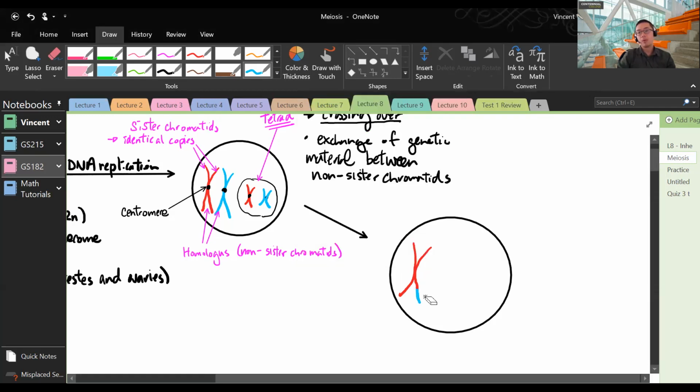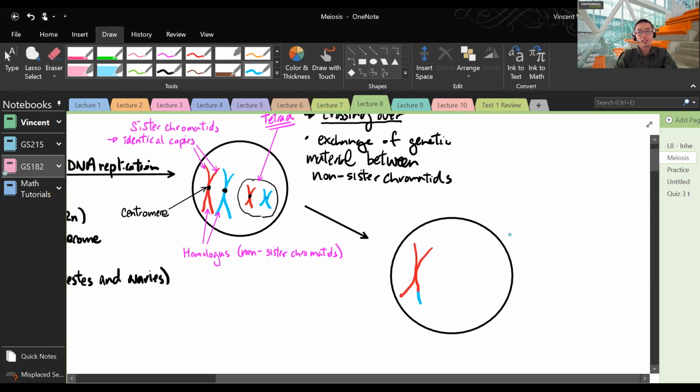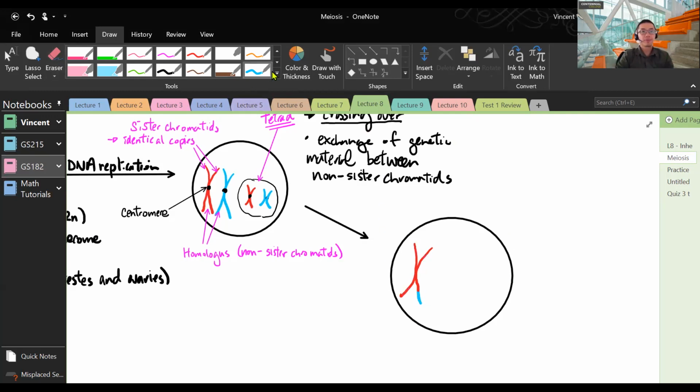Now most textbooks just show the end being exchanged, but in reality, you're going to have exchanged material along the entire length. And it's not just restricted to this one. You will also have exchange of material on the other one, right? So you might have some blue here, here. It's kind of everywhere, but it's confusing if you do it like that. So most textbooks just show you a little bit of it.